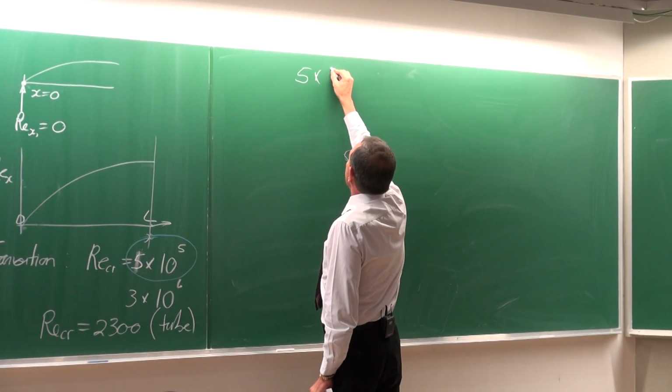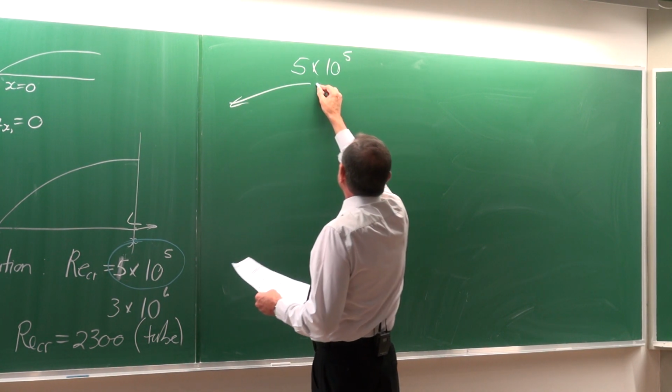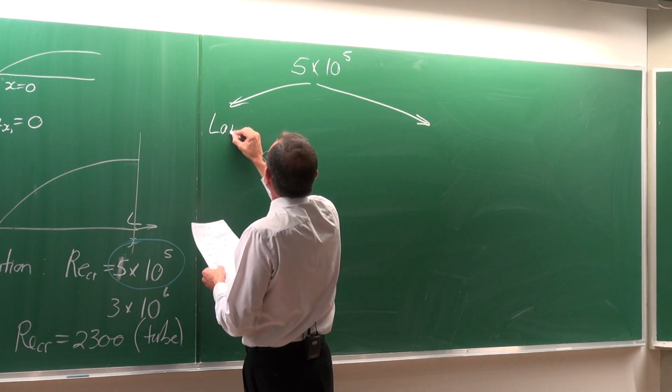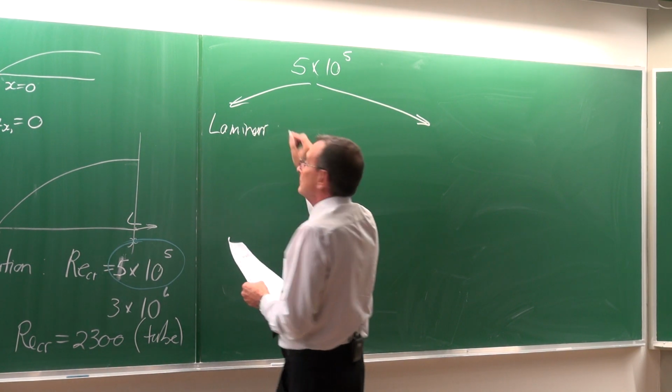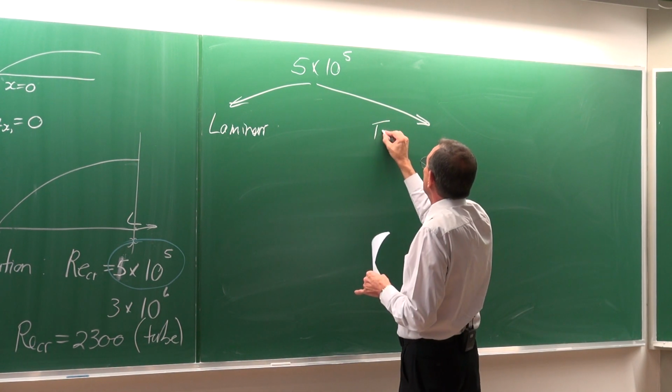So this Reynolds number of 500,000, if it's less, then we are going to say the flow is laminar. If it's more than 500,000, we will say that the flow is turbulent.